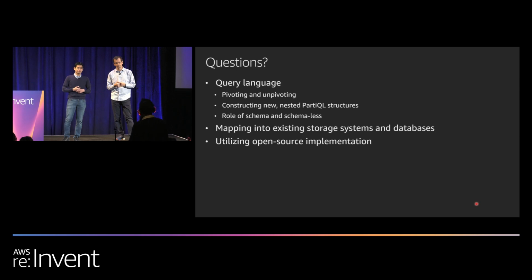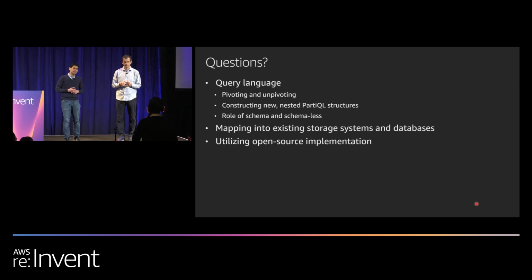Okay, great. I've got just one more question. I'm comparing this to Athena, because that's something that we're already using, and I think it's performing pretty well. But what about the performance of PartiQL? When we think of big data, we're thinking of massive compute and massive parallel processing.